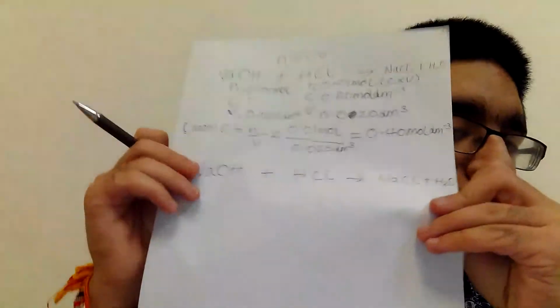Now again, remember my NCV method. I'm going to see what quantities I have been given, and which species of the equation those quantities correspond to. So 15.0 centimeters cubed of hydrochloric acid.